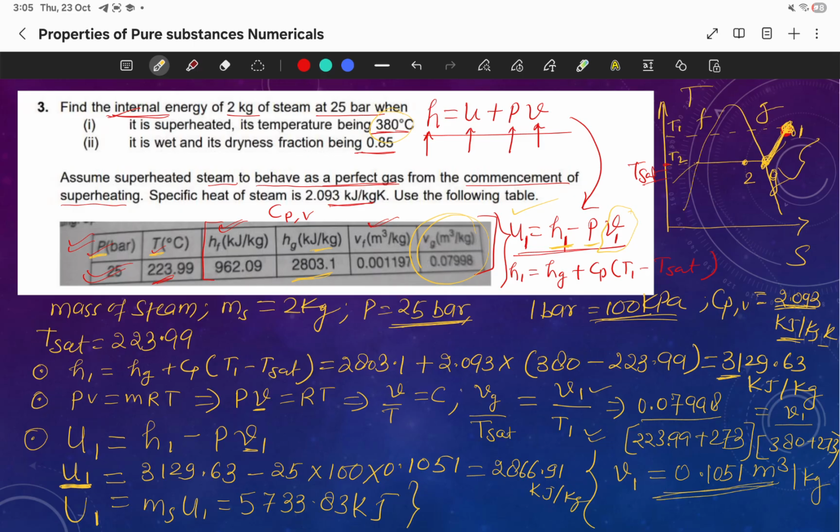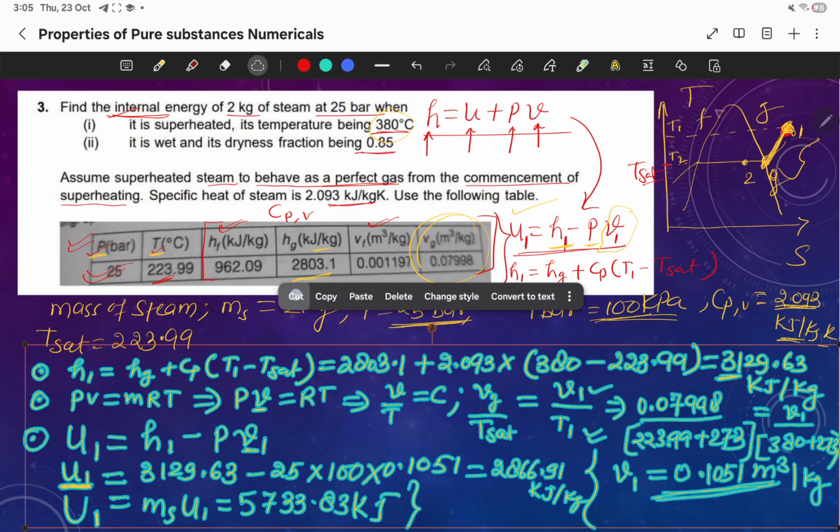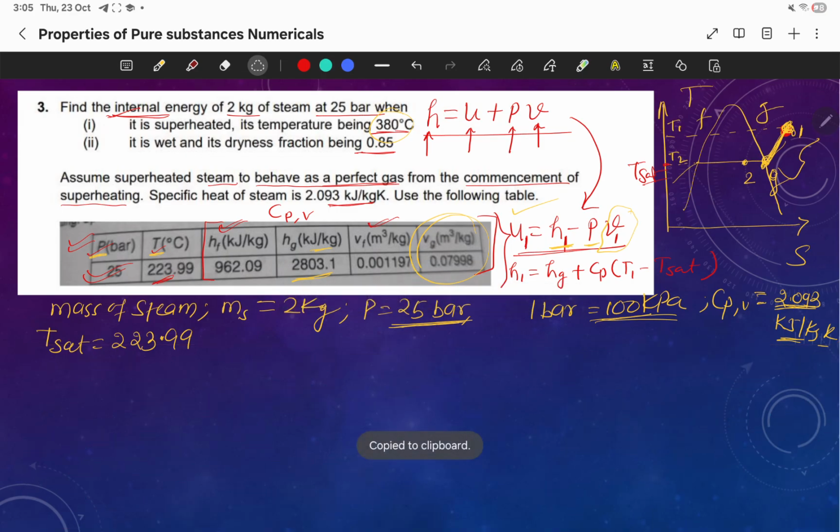Okay, now I have to erase this section. Now we have to find the internal energy at this point.